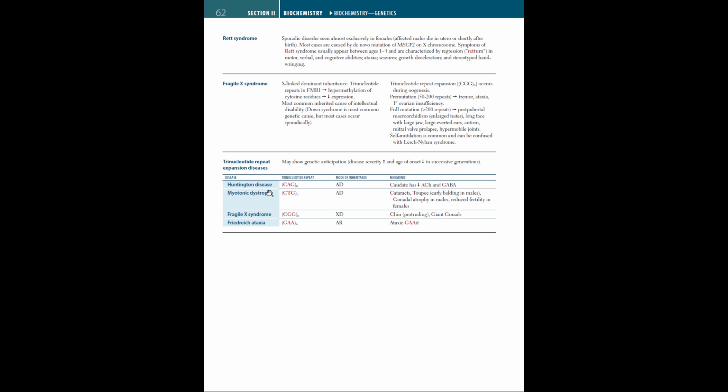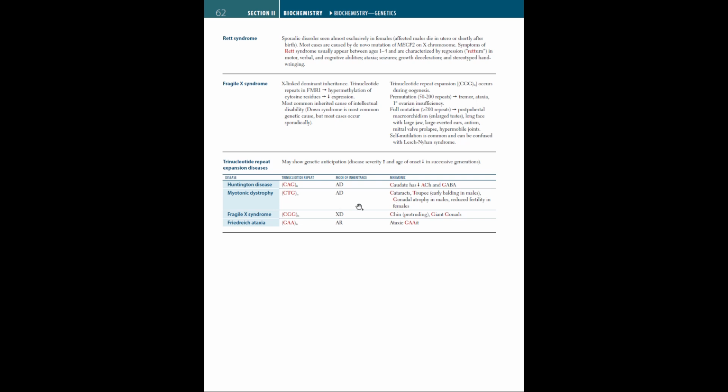In Huntington disease, the trinucleotide repeat is CAG, and the mode of inheritance is autosomal dominant. Myotonic dystrophy has a trinucleotide repeat of CTG, again autosomal dominant. So cataracts, toupee, early balding in males, gonadal atrophy in males, reduced fertility in females.